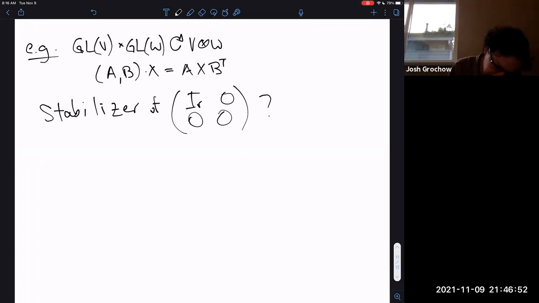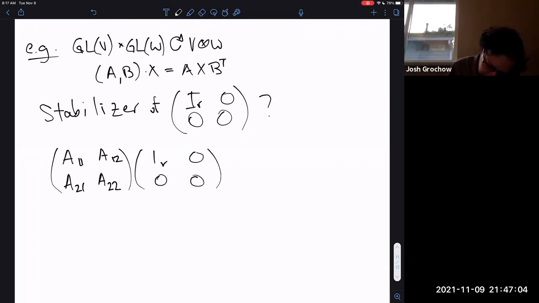Okay. And so what is that? I'm going to break up my A into blocks that are consistent with these blocks. And similarly, my B.